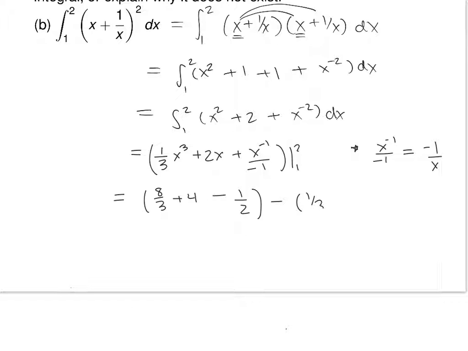Minus 1/3 plus 2 minus 1. So 8/3 plus 4 minus a half minus 1/3, minus 1.